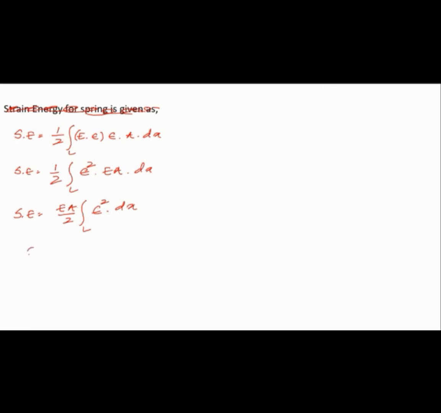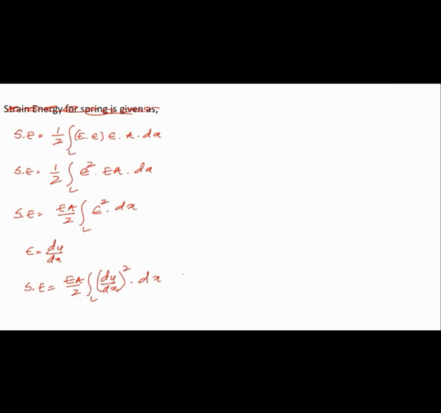Now, this strain can be written as du by dx. That is, differentiating the displacement with respect to the direction will give you the strain. So this epsilon can be written as du by dx, so let us substitute du by dx here. Therefore, my strain energy will be equal to EA divided by 2, integration over the length, du by dx whole square into dx.